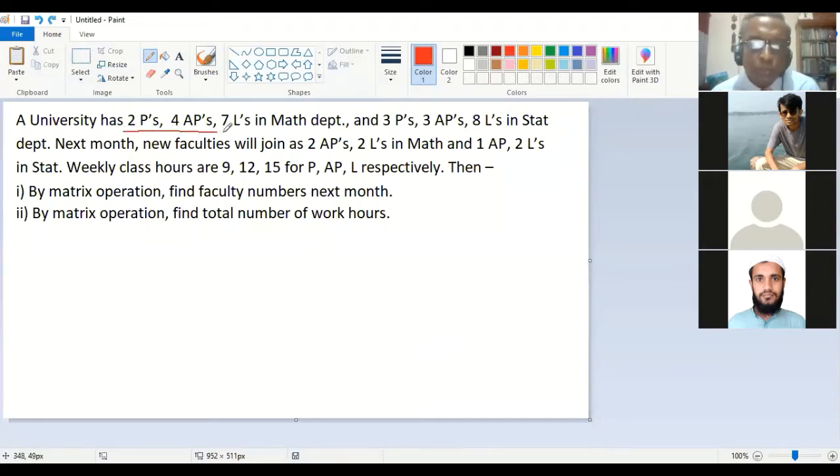So 2 P's, 4 APs, 7 L in the math department. So this is what I have written. Now try to understand the full question. Now read the whole question and try to understand.